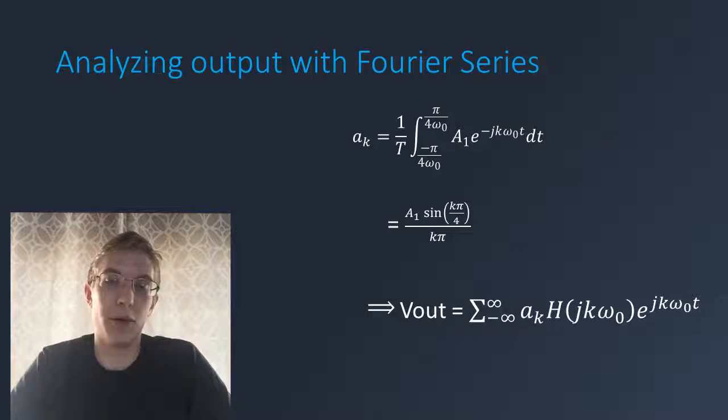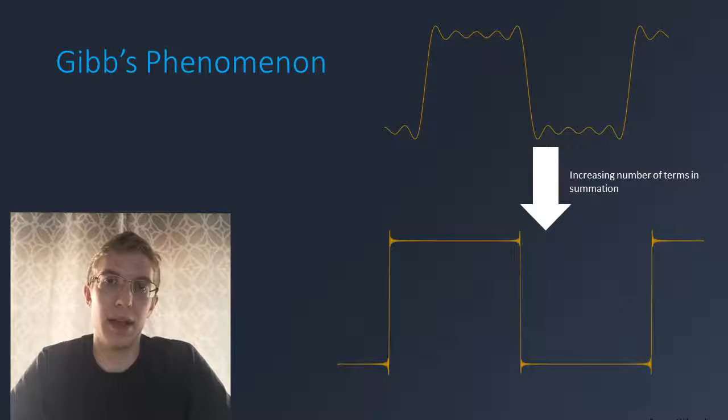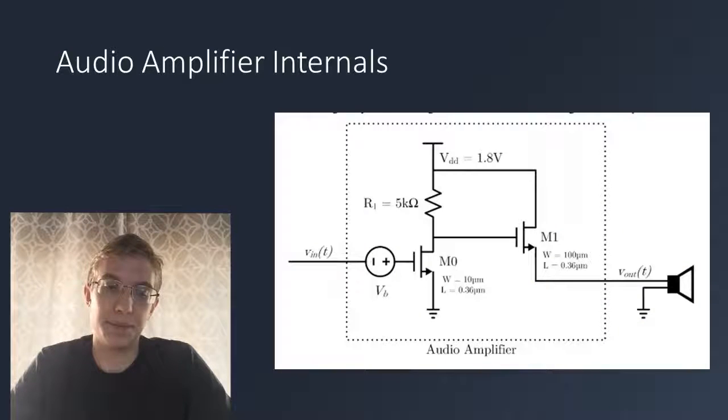Since the higher order terms disappear, this summation can be truncated, and while this introduces something called the Gibbs phenomenon, where we see oscillations where we'd expect constant values, the approximation is still good. Obviously, as the number of terms in the summation increases, the approximation becomes better.